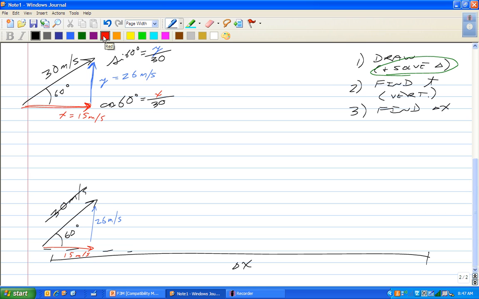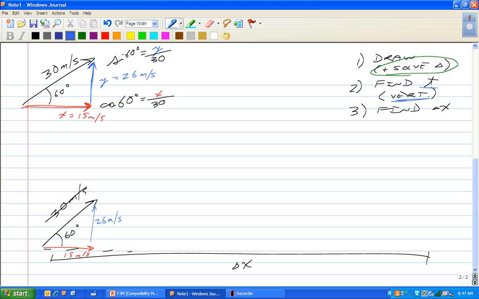Alright, so number one's done. Step 2 says find the time from the vertical. Dang it, if only we had an equation that showed the relationship between the things that we have.